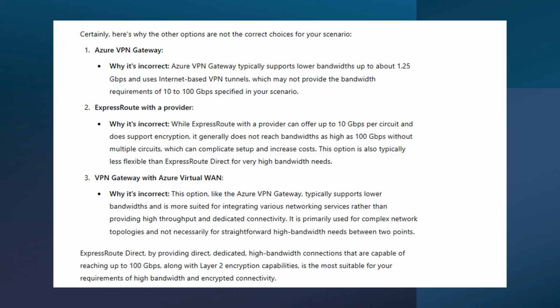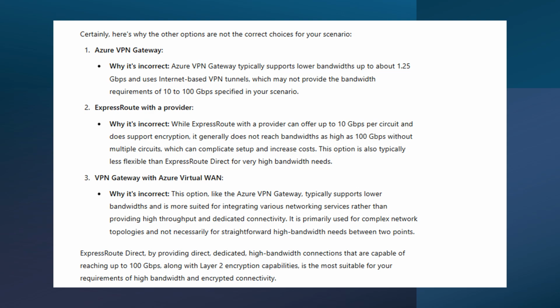ExpressRoute with a provider is incorrect because while it can offer up to 10 gigabits per second per circuit and thus support encryption, it generally does not reach bandwidth as high as 100 gigabits per second without multiple circuits, which can complicate setup and increase costs. This option is also typically less flexible than ExpressRoute Direct for very high bandwidth needs.